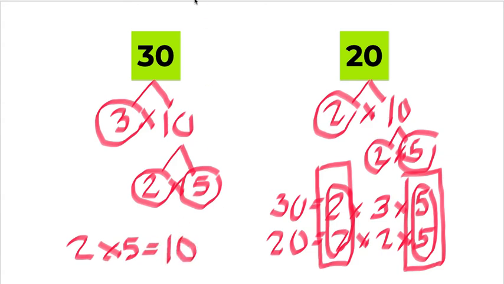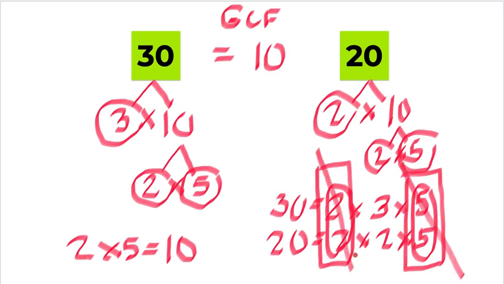So therefore, the GCF of 30 and 20 using the factor tree method is equal to 10. Again, if there is more than one common factor, all you need to do is to multiply the common numbers, 2 times 5. So the answer is 10, and that's the GCF.